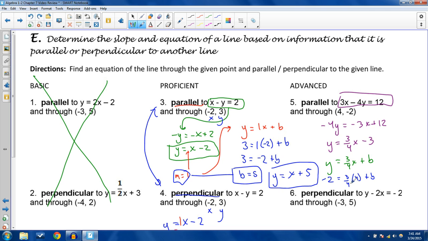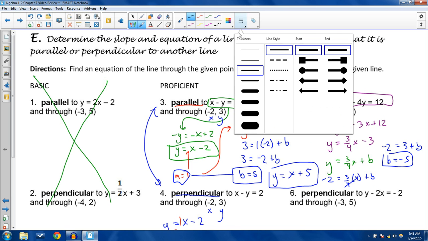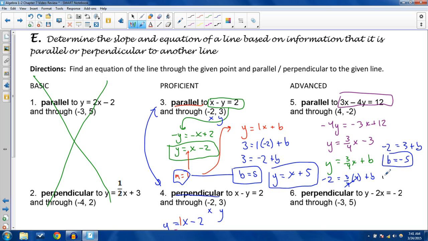Maybe you have to whip out the calculator, but 4 over 4 is 1, so you just have 3 there. So negative 2 equals 3 plus b. Subtract 3, you get b equals negative 5. With a slope of 3/4 and a y-intercept of negative 5, your equation will then be y equals 3/4 x minus 5.